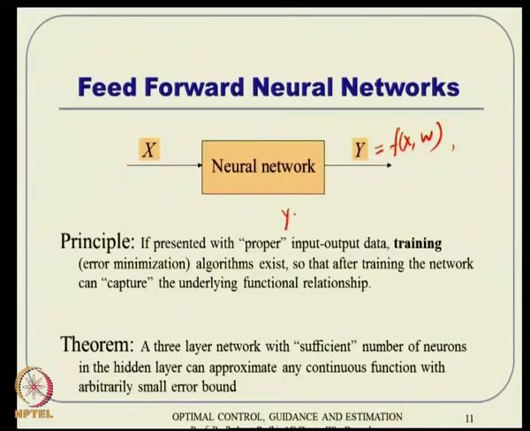A little more explanation. I can think about y equal to something like w3 transpose phi 3 of x, where phi 3 is a set of basis functions which I select, so I know about that. Then I will take phi 2 and multiply with w2 transpose.